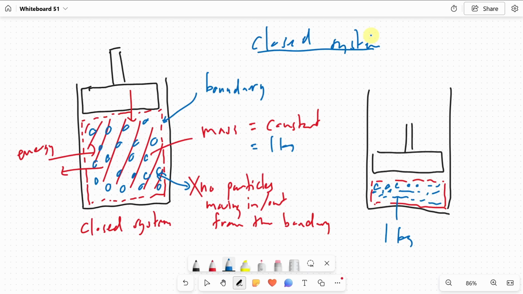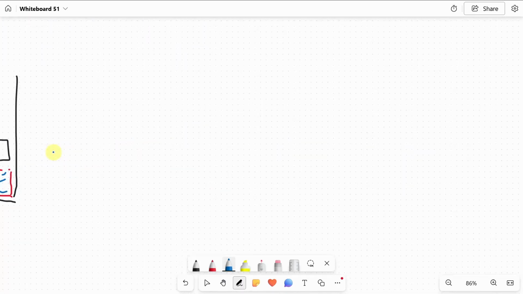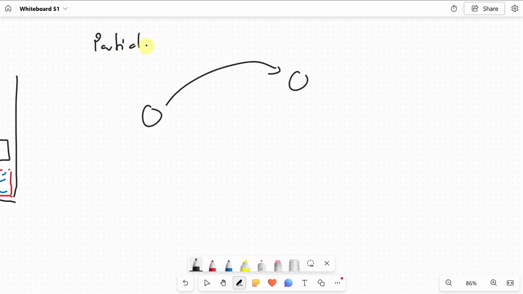Okay, so this is the same as the example that I showed you just now for a particle that is moving, for particle dynamics. So let's say we set this as our boundary.